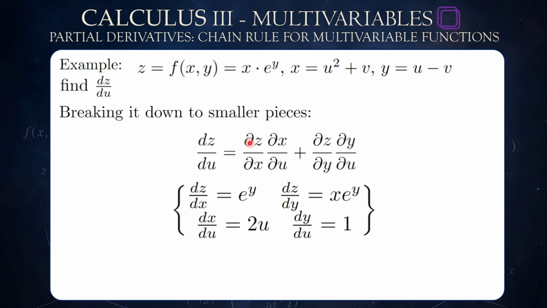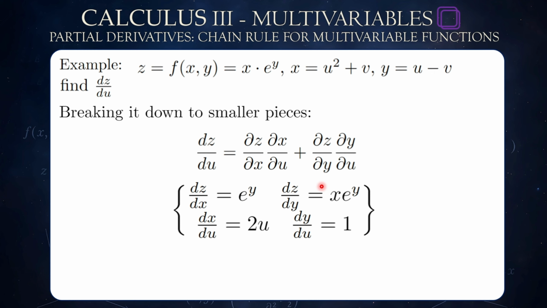Partial z over partial x is e^y. Partial z over partial y, in respect of y, is e^y x. Partial x over partial u, or the derivative of x in respect of u, is equal to 2u. The derivative of y in respect of u is equal to 1.